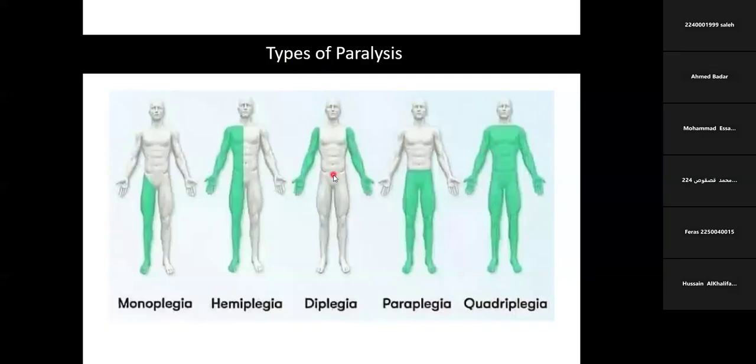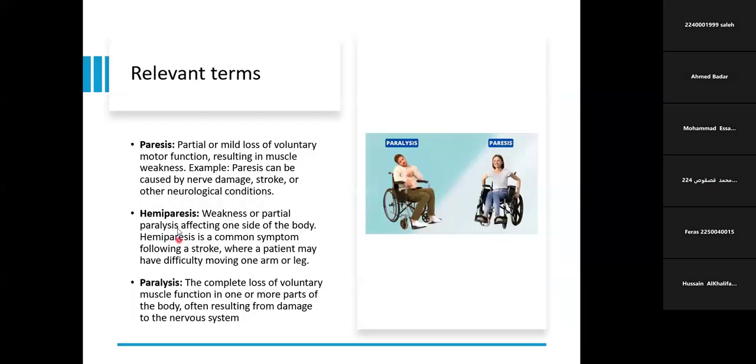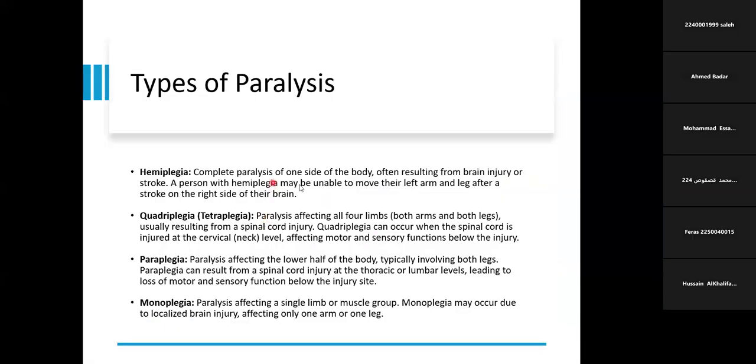So these are the types of paralysis. Monoplegia, hemiplegia, diplegia, paraplegia, quadriplegia. This was for understanding, and this is for the quiz. Hemiplegia is complete paralysis of one side of the body. It's different from hemiparesis, which is weakness. So this is hemiplegia, and be careful in the exam.